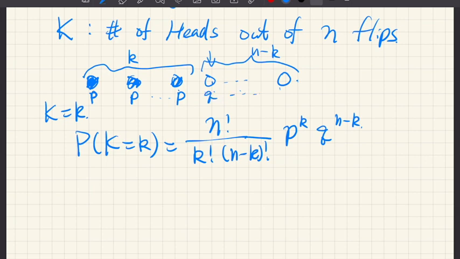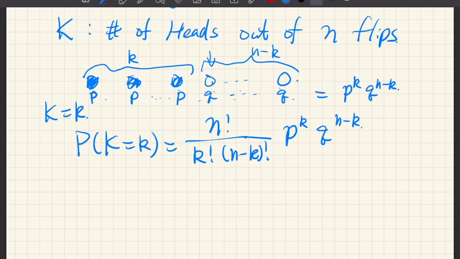So this continues, q. And all these flips are independent of each other. So that joint probability distribution is obtained by just multiplying all these probabilities. So that will be p to the power of k and q to the power of n minus k.